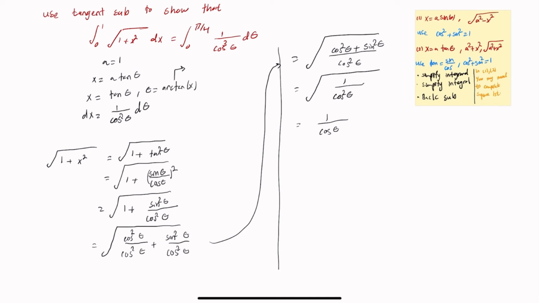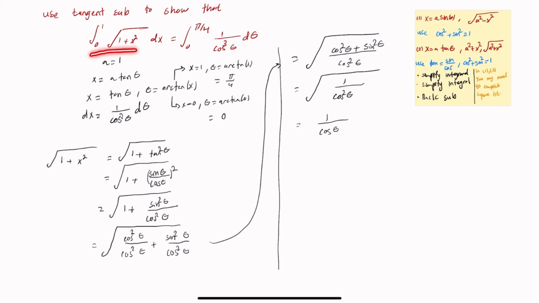We have two limits, so we have x equal to 1 and then x equal to 0. So theta is going to be arc tan of 0, which is equal to 0. And then for x equal to 1, we have theta equal to arc tan of 1, which is equal to pi over 4. We can find these using the unit circle, or you can plug that into your calculator.